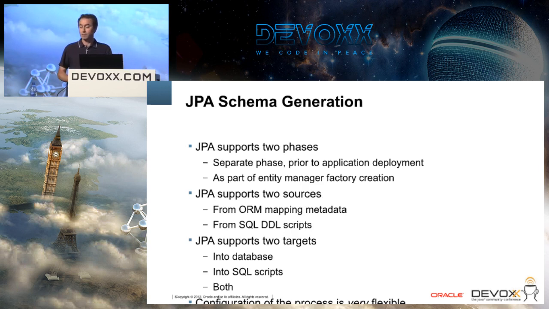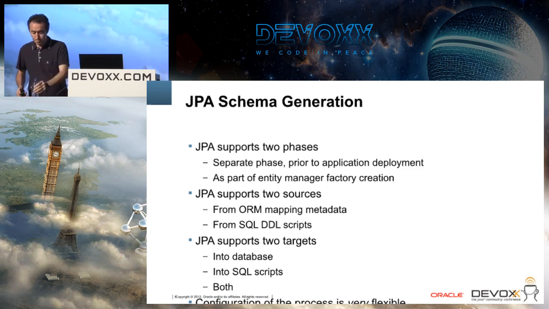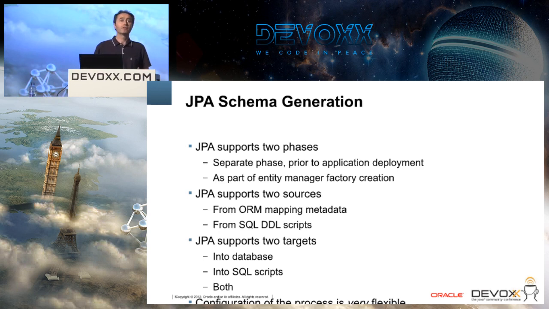So what does JPA 2.0 propose to support? Well, really all the things we just discussed. We're going to support the generation of schema either prior to application deployment and execution, or as part of the Entity Manager Factory creation. We're going to be able to let you generate schema from the mappings, either annotations or XML, or of course a combination of the two.